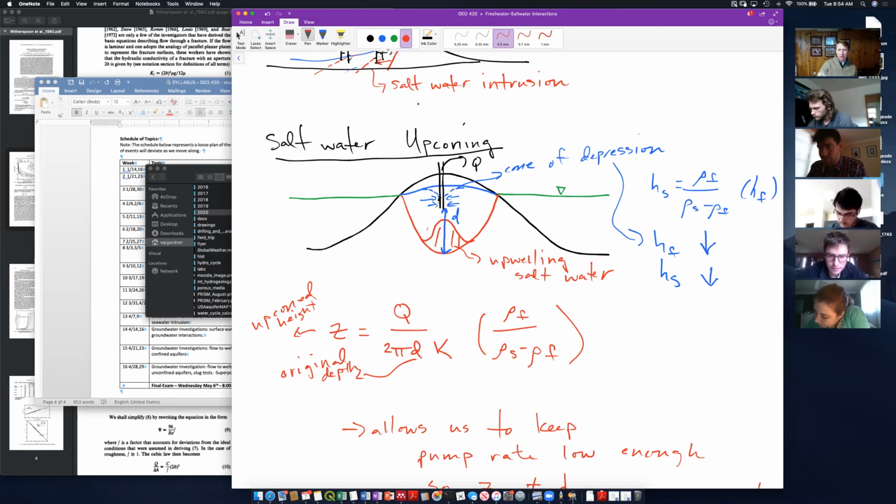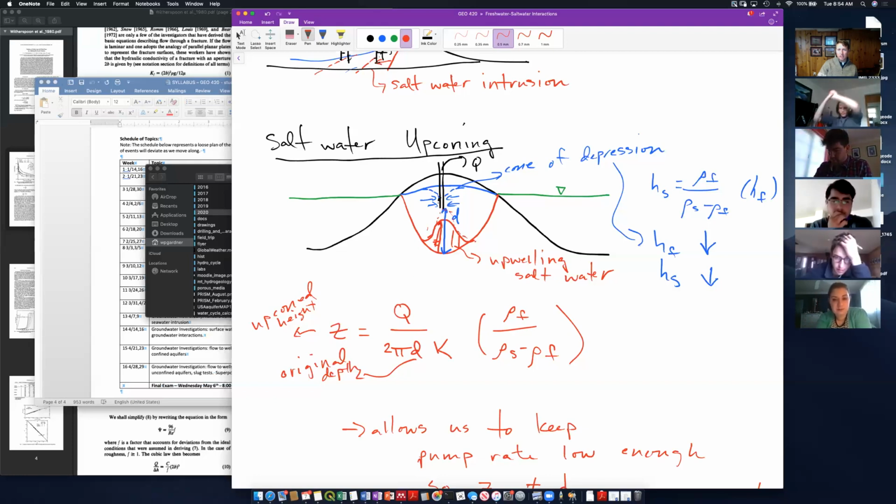Z is now the new height after upconing. So when Z equals D, that means my upconed interface has come all the way up to the bottom of my well, right?